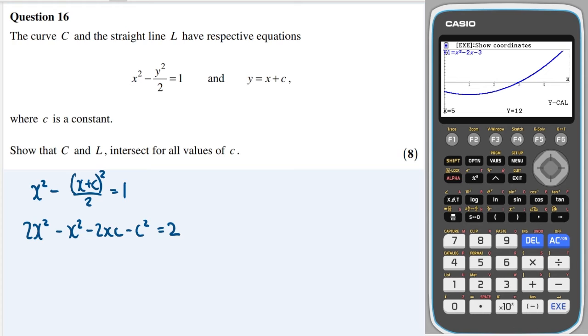Okay, great. This is going to give me 1x squared minus 2xc, and then we're going to get minus c squared and minus 2 as well. So let's just leave it like that actually. That equals 0.